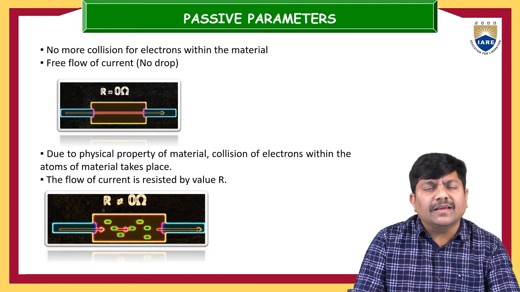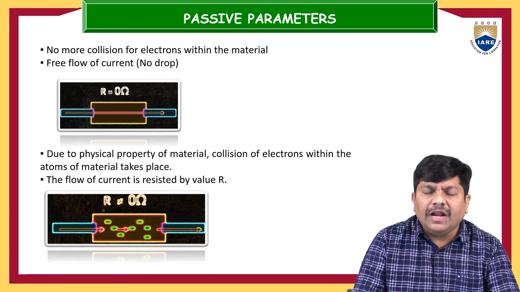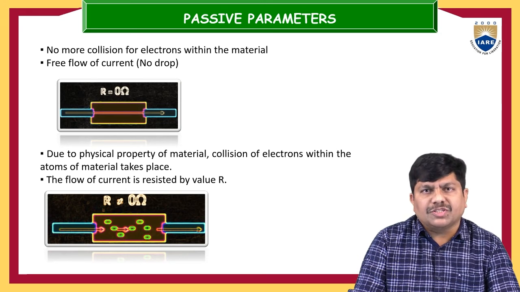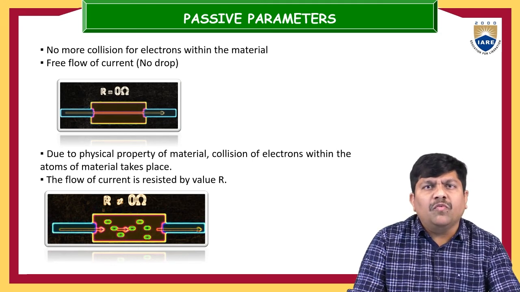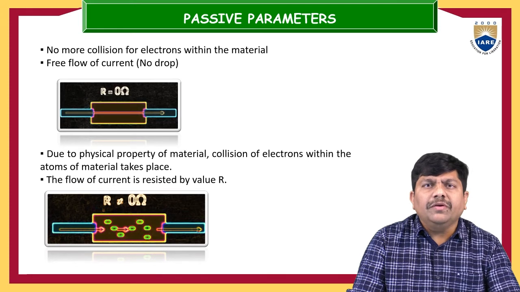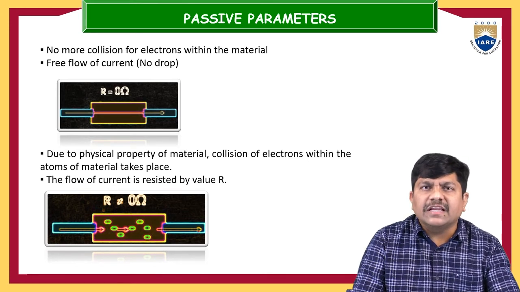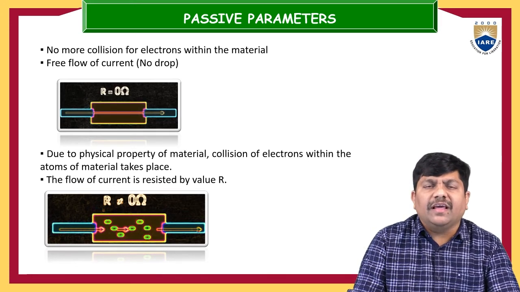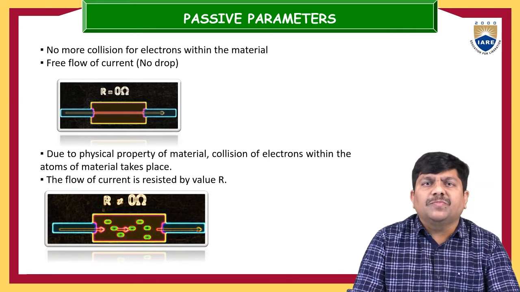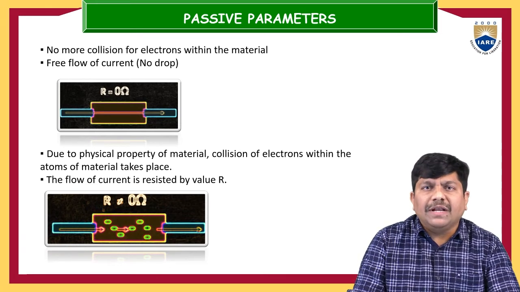When the free charge particles collide with each other or with other charge particles, some amount of electrical energy is lost. In order to overcome that, you have to externally supply some voltage. That voltage is the extra voltage needed to overcome the drop due to electron or charge particle collisions in the material.